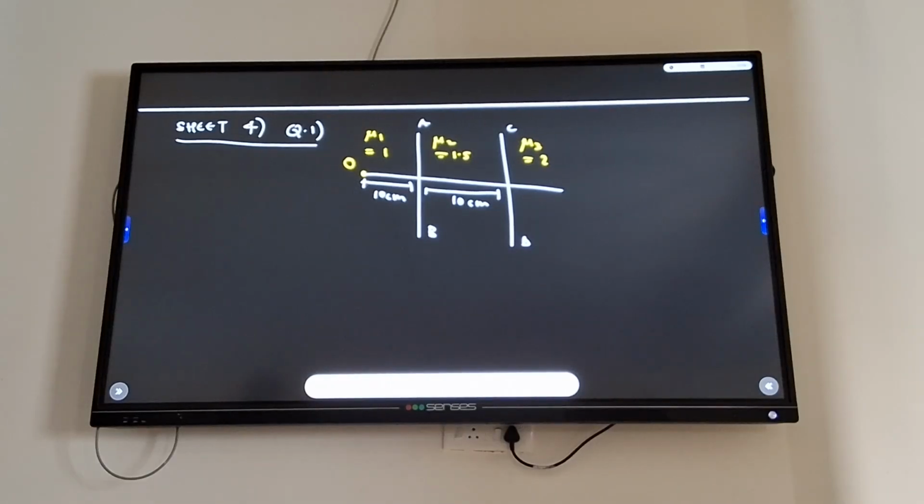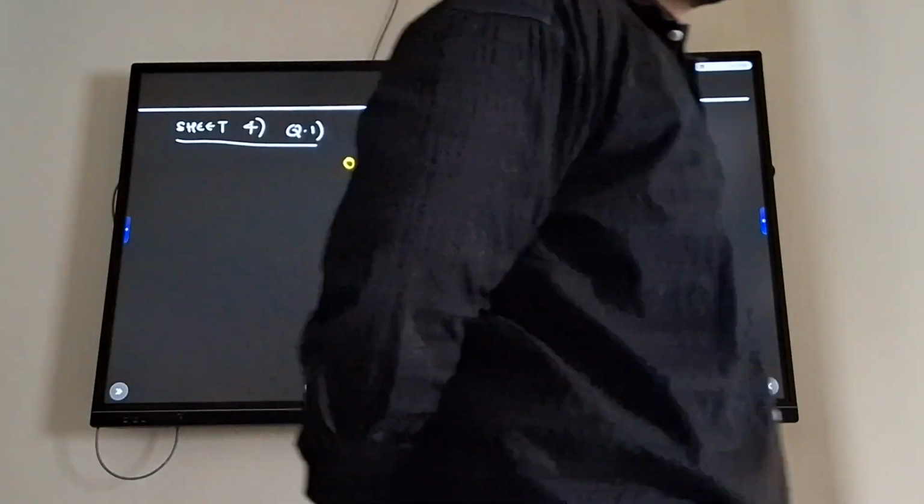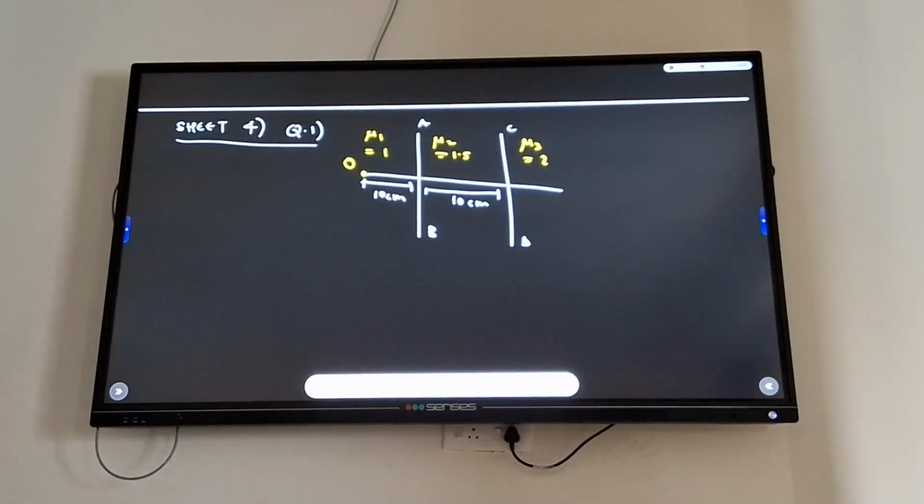That AB is a plane which is separating two mediums. The same is with CD.